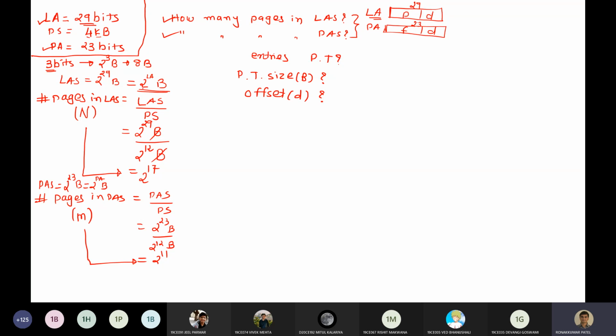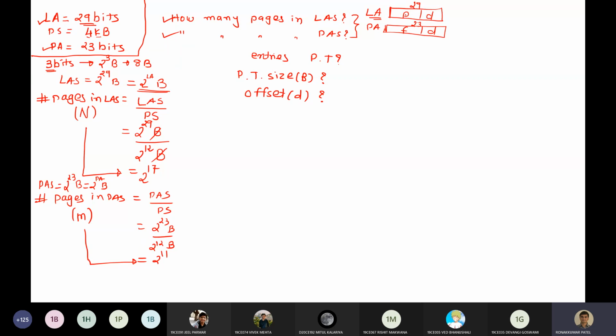So the pages I have in logical address space are 2 raised to 17. So there will be 2 raised to 17 entries in my page table. And to differentiate each entry, how many bits are required?